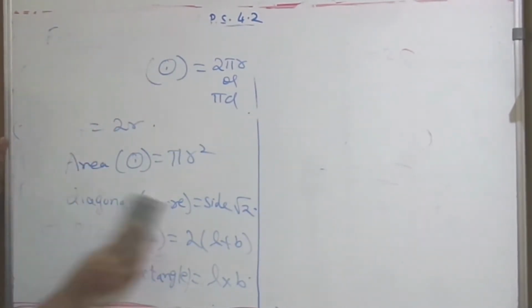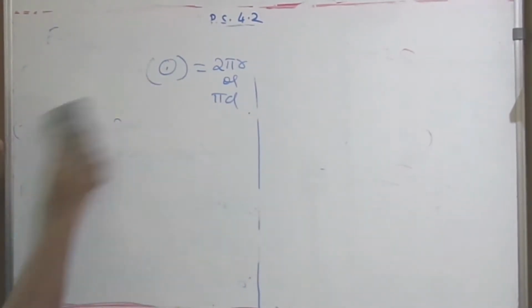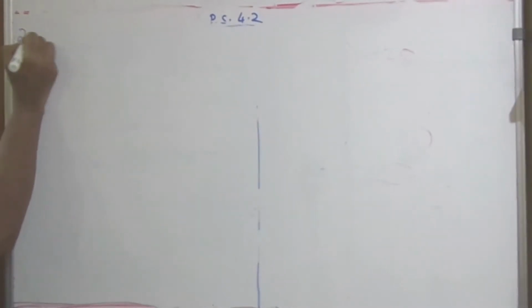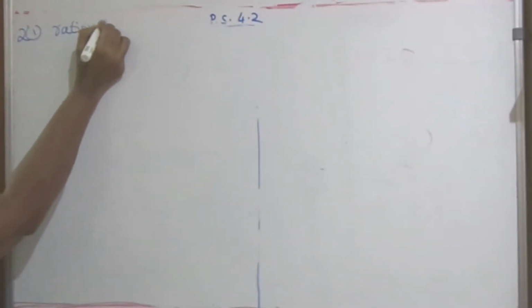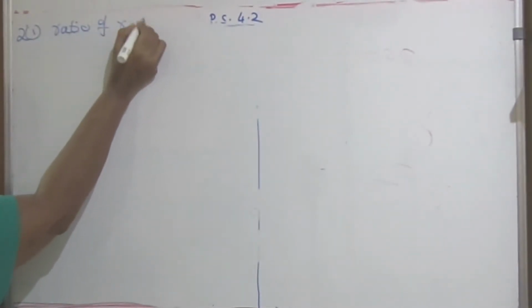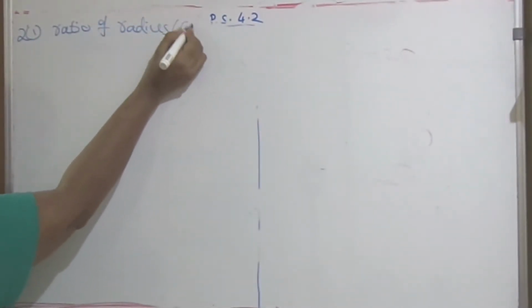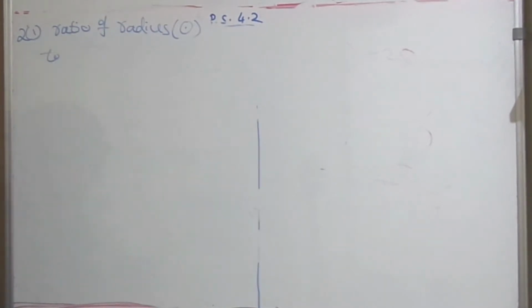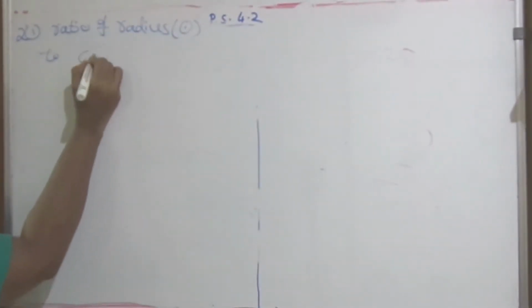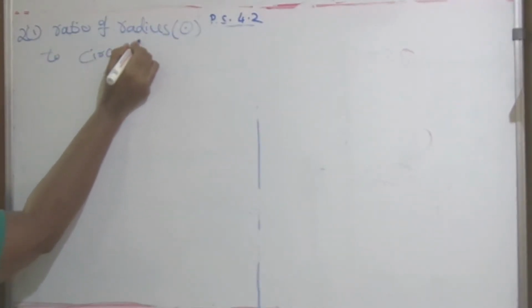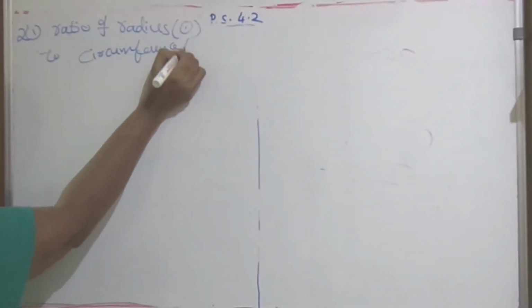Now I am going to do the sums based on this. So question number 2, first one. You have to find the ratio of radius of the circle to circumference of the circle.